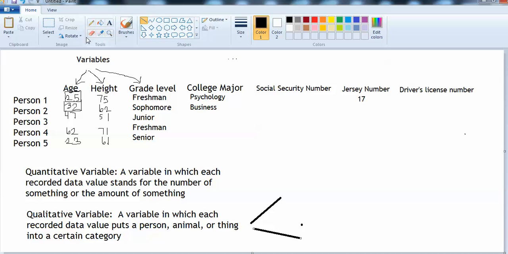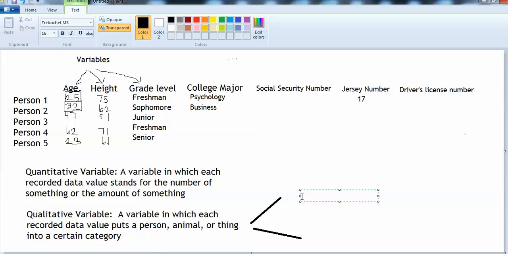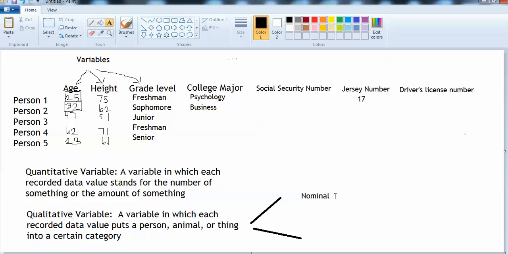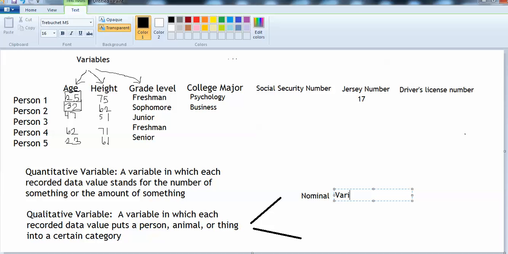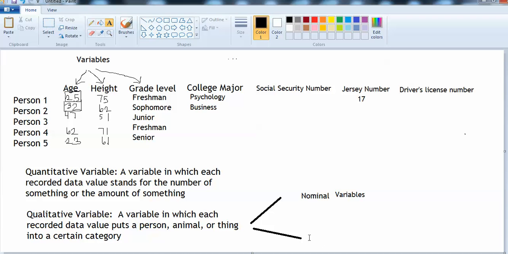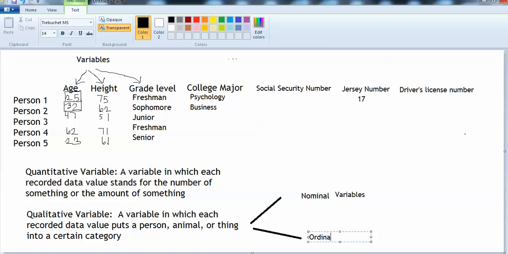So a qualitative or categorical variable can be nominal or ordinal. So what is a nominal variable?